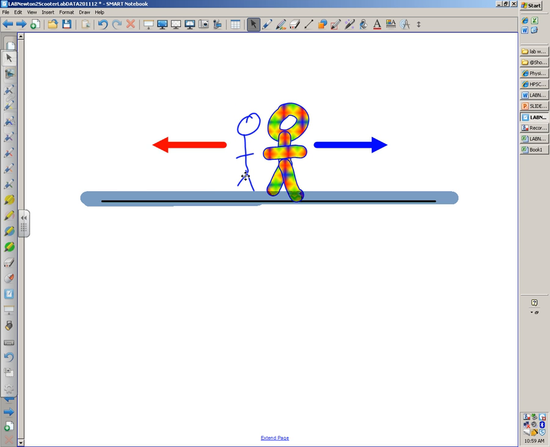Judging by my picture here, what would we say about the masses of these two objects? Striped Girl weighs a lot. Striped Girl has a lot more mass than Blue Girl does. So that means they experience the same force. But would they start moving the same then? No. Which one's going to move faster in this interaction? Blue Girl. Lower mass, greater acceleration.